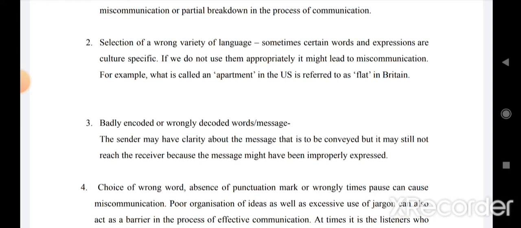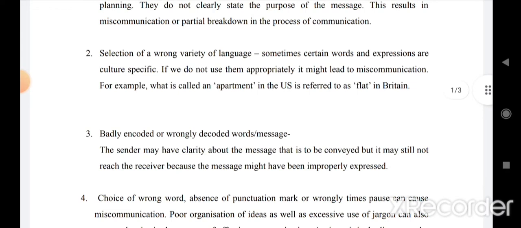So there should be a proper language, a commonly understood language that is supposed to be used between person A who's trying to communicate and person B who's trying to receive the message. I can give you another example where the selection of wrong variety of language results in a barrier of communication.